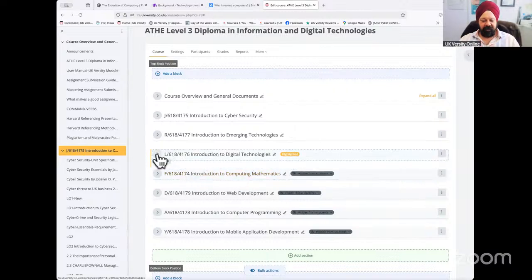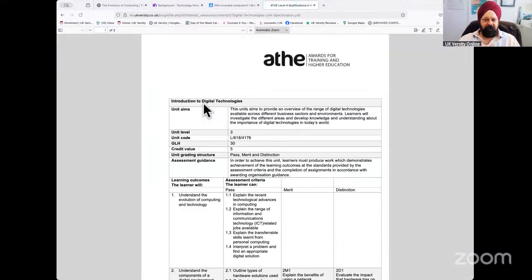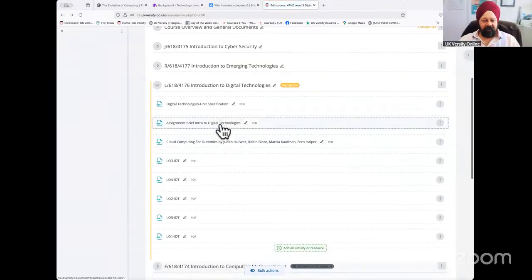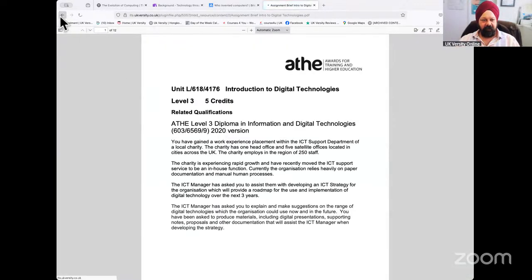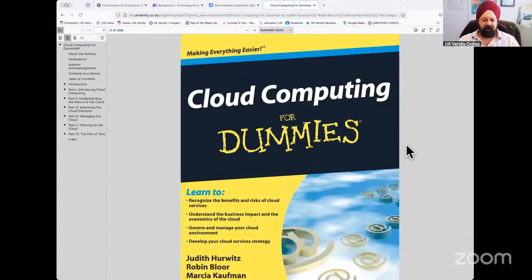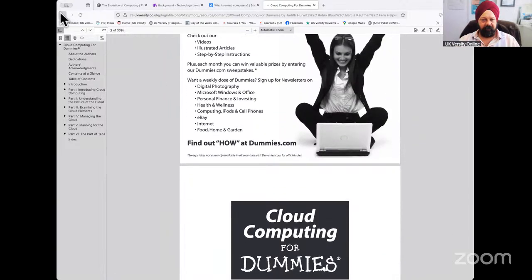When you click on this left arrow here, it'll open the unit up. That is the unit specification that I showed you initially when we started the unit. There is also the assignment brief, which we are going to discuss after all the sessions are complete. Then there is a recommended book for digital technologies and digital computing, which is available here.